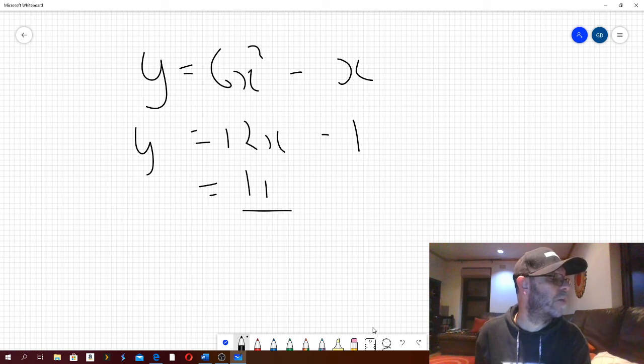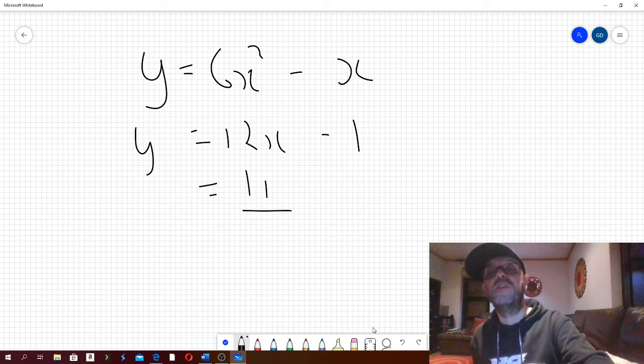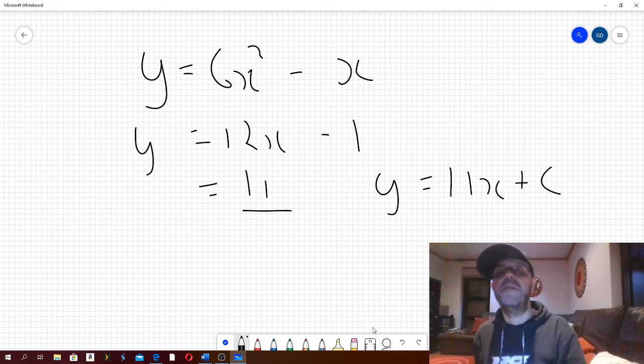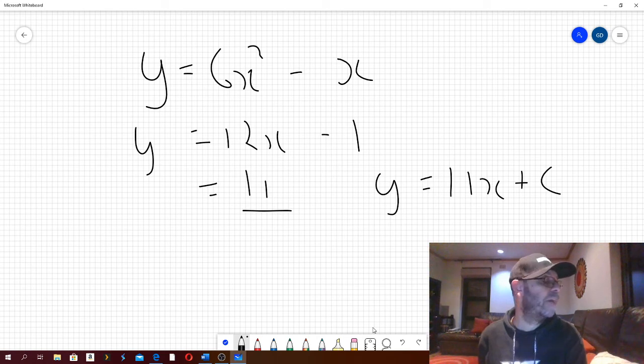Then they say find the equation of the tangent at this point. Okay, so the equation of the tangent must be that of a straight line, y = mx + c. We already know that the gradient is 11, so we know that y = 11x + c. To solve for the c, we're going to need a point. We don't have any points given to us, but they did tell us that x was 1.